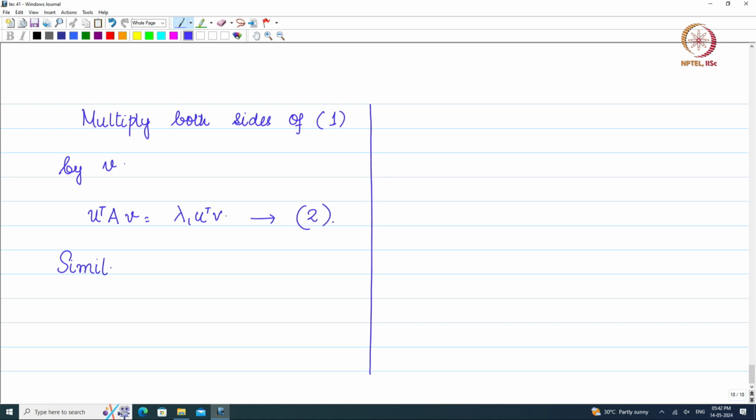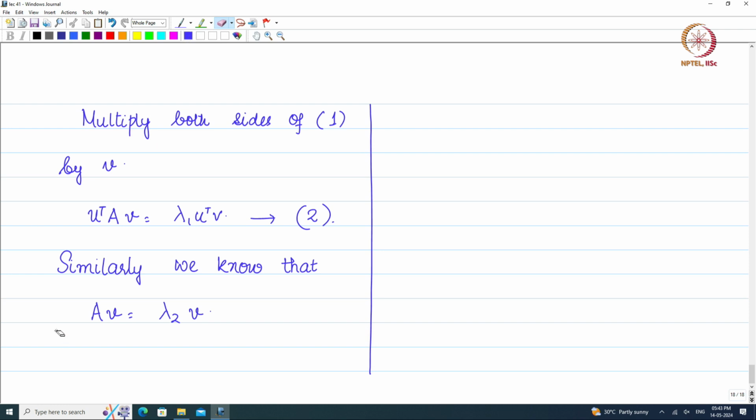Similarly, we can look at, we know that A V is equal to lambda 2 V. I am going to do the same business that I did there. Let us do this.